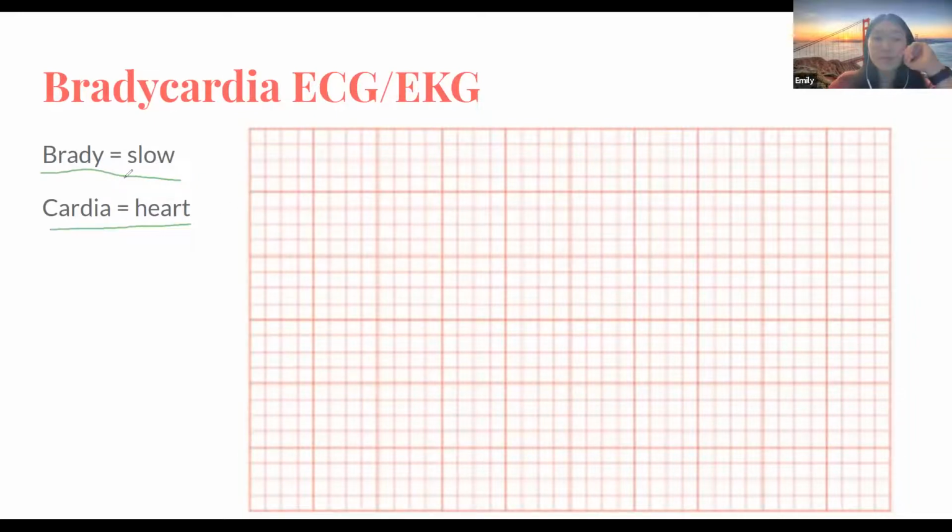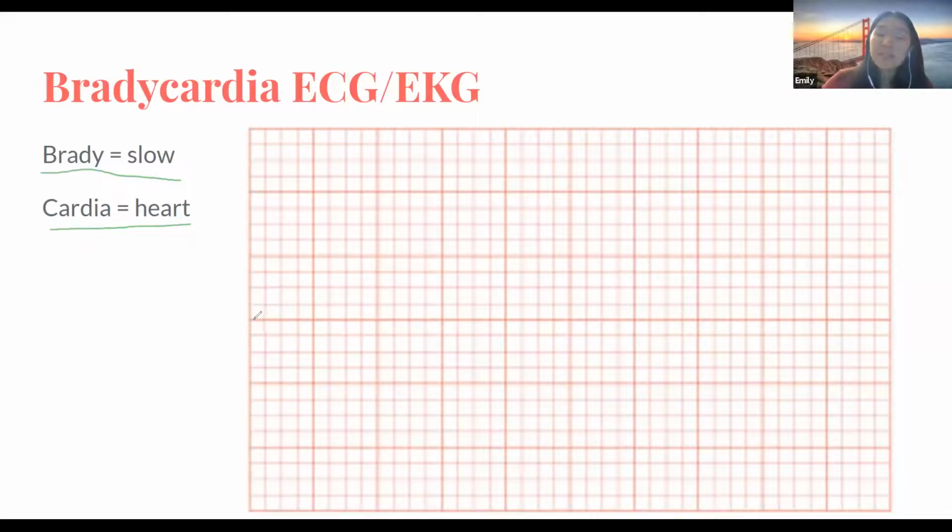So what do we think bradycardia means? A heart that's beating slow. Yeah, exactly. It's a heart that's beating too slowly, so below the normal amount of regular heartbeats per minute, which is around 80 for normal people.